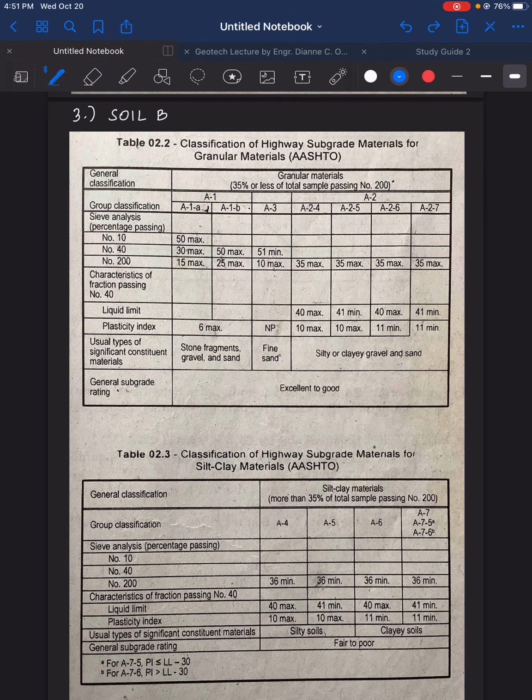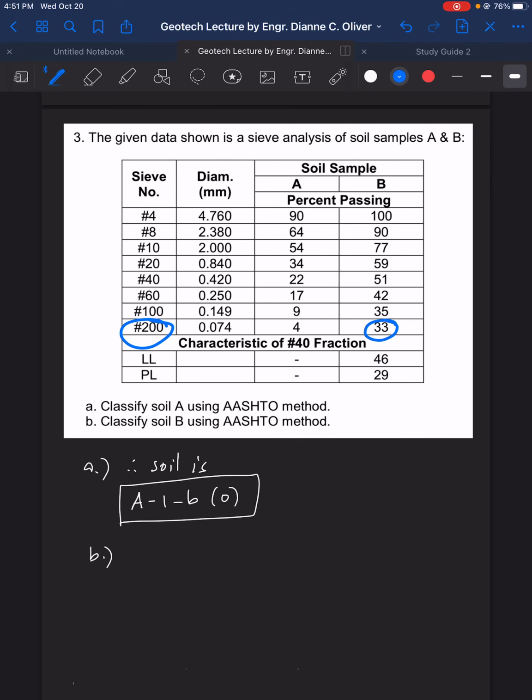Okay. So if that is percent passing 33, then at number 200, what passes is 33%. So what is retained here is 67%.